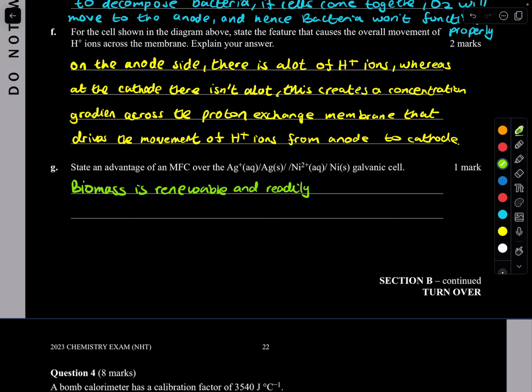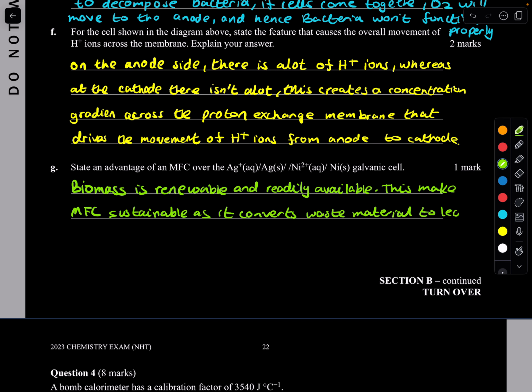There's a lot of it available. This makes the MFC sustainable, as it converts waste material to electricity.